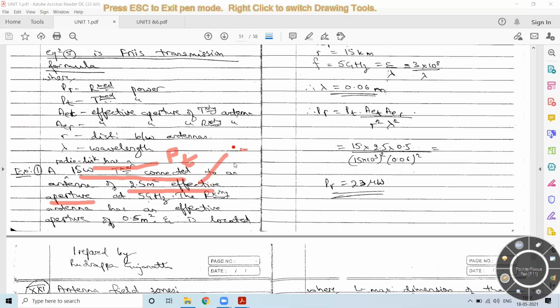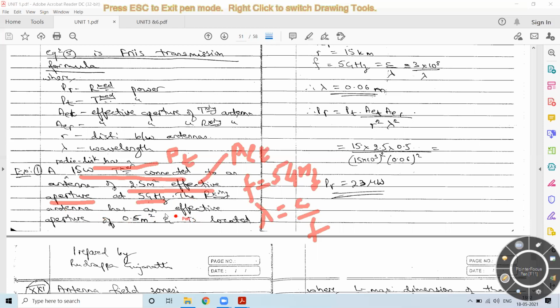This is the effective aperture of the transmitting antenna, AET, operating at 5 gigahertz. If I have to identify lambda, I use C divided by F, where C is the speed of light in free space, 3 into 10 raised to 8 meters per second.